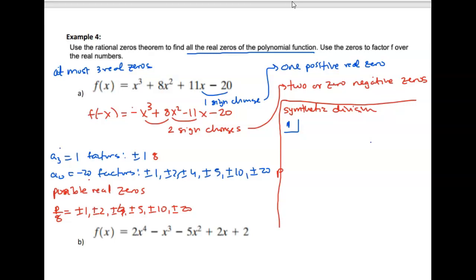You list the coefficients of the function, so 1, 8, 11, and negative 20. The 1 drops down. Then this multiplies by the number in the box, so 1 times 1 is 1. Then you add these. Then you multiply this by 1, you get 9. You add these, get 20. You multiply by 1, you get 20. And you add these and you get 0. So this is the remainder.